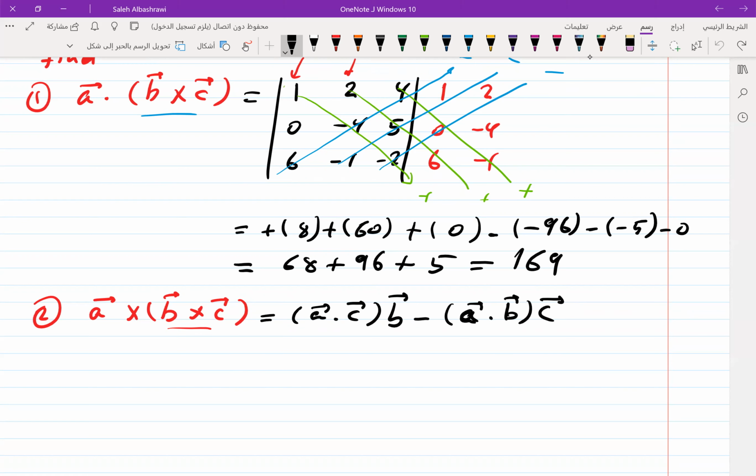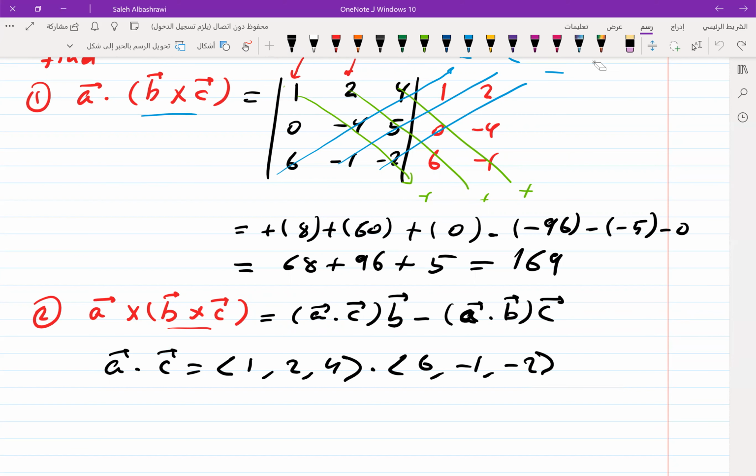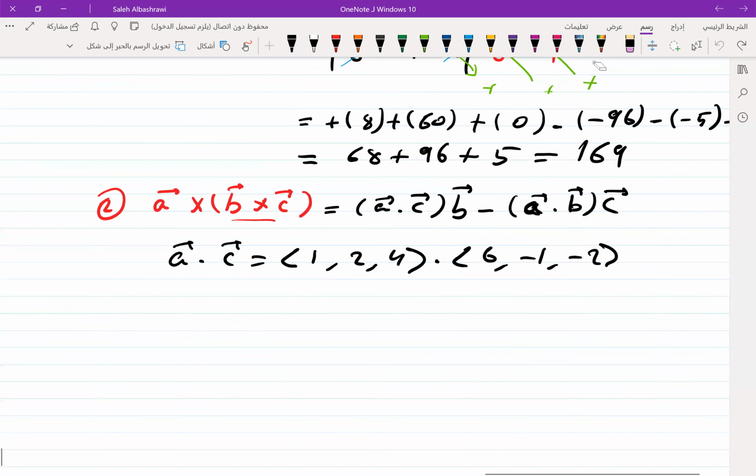Let me find A dot C first. A dot C is equal to (1, 2, 4) dot (6, -1, -2). That gives me 6 minus 2 minus 8, equal to minus 4.